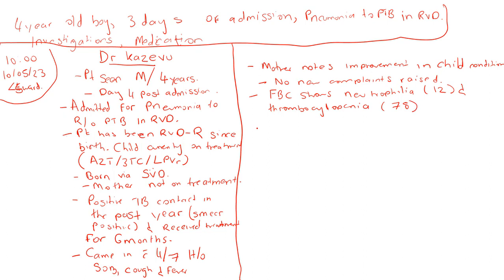Then let's say if the chest x-ray was done as well. So chest x-ray shows consolidation in right upper lobe. That's assuming that you have actually looked at the x-ray. So you should be conversant with how to actually interpret these x-rays.